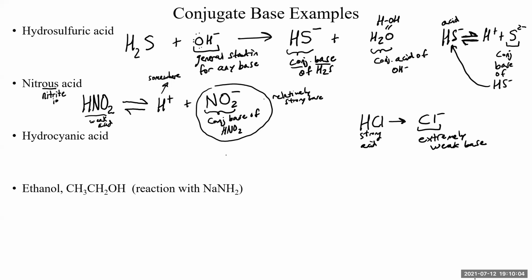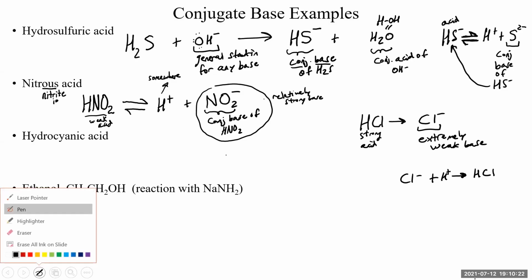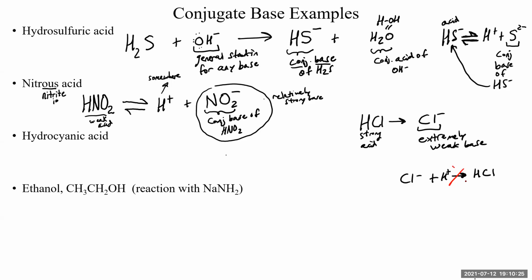Remember, bases are proton takers or proton acceptors. So if I put chloride into almost any kind of solution, the odds of chloride picking up a proton and forming HCl are negligible. Virtually no tendency at all. Chloride is an extremely weak base.